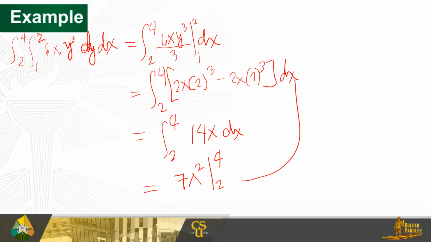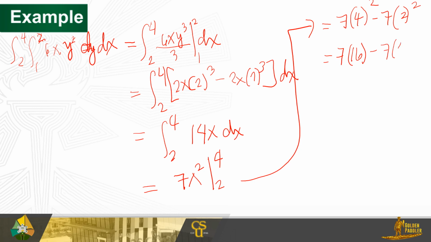So let's proceed. We have 7 times 4 squared minus 7 times 2 squared. So what happens here, we have 7 times 16 minus 7 times 4.